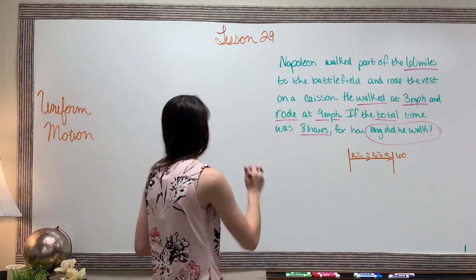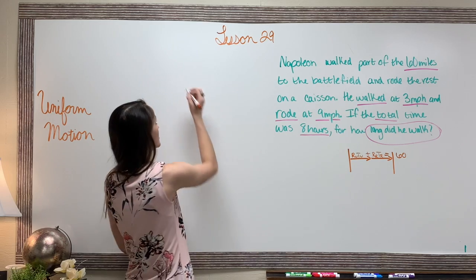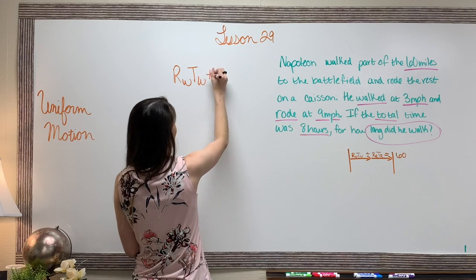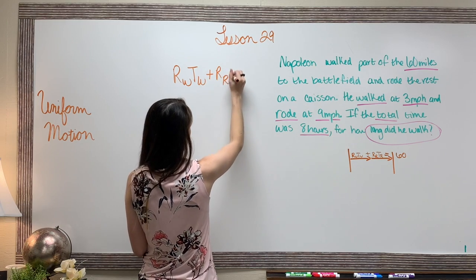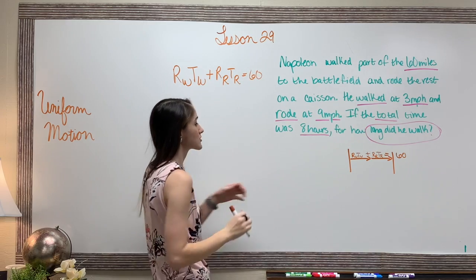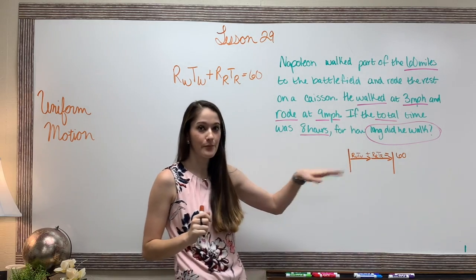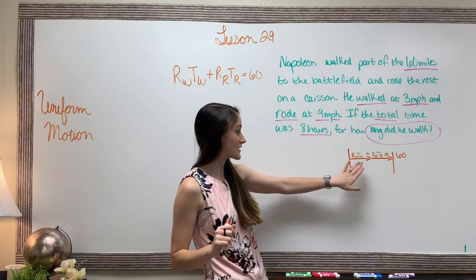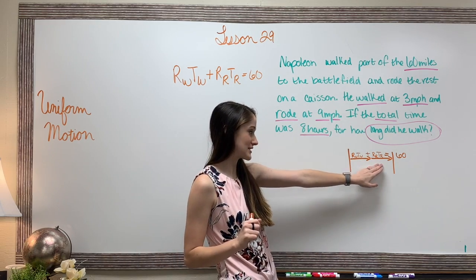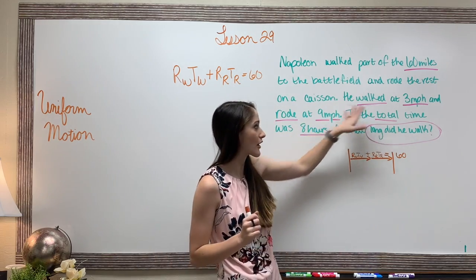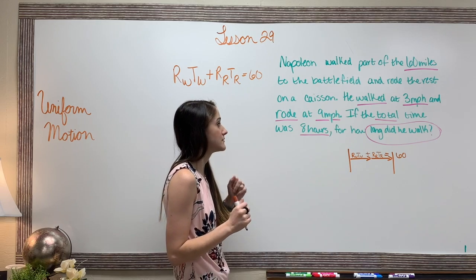So that's going to be our master equation, our key equation as your book calls it. So we have the rate of walking, time of walking, plus the rate of the ride, time of the ride equals 60. And if you're not sure where we got R and T, remember that distance equals rate times time. So instead of saying the distance that he walked and the distance that he rode, I changed those to rate and time because that's what all of our little equations are going to be about.